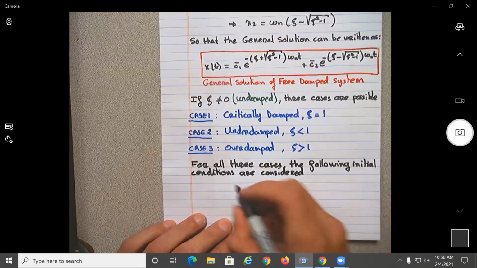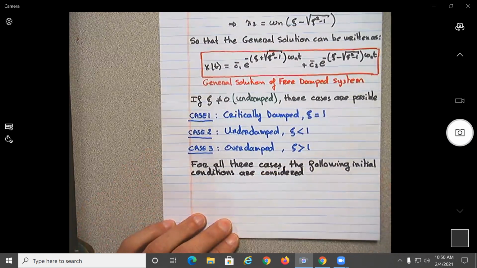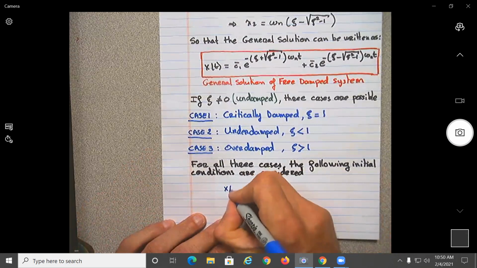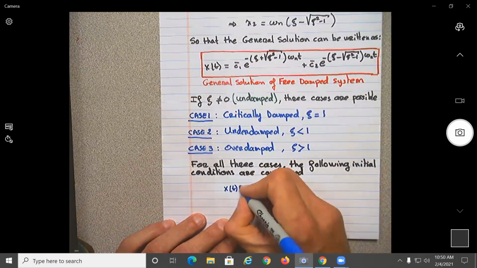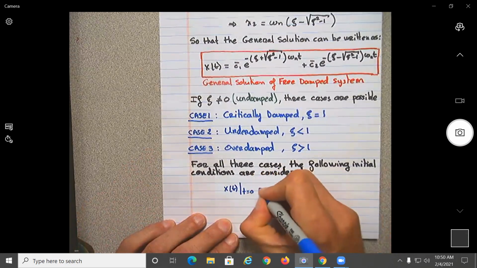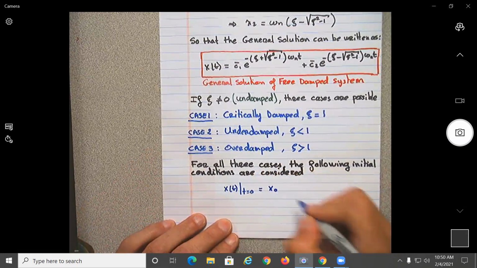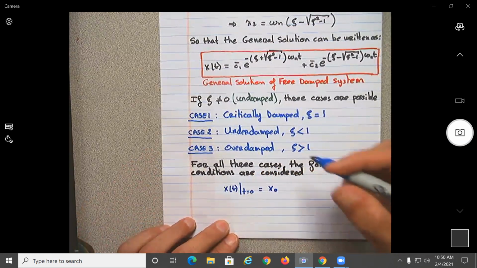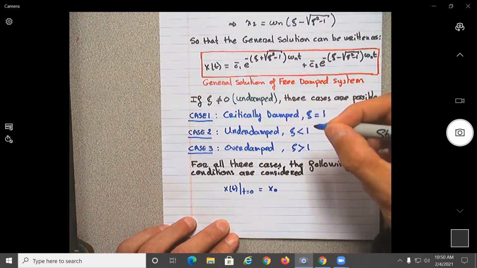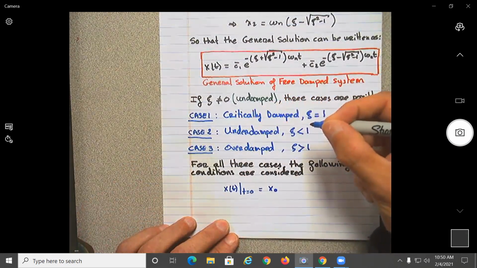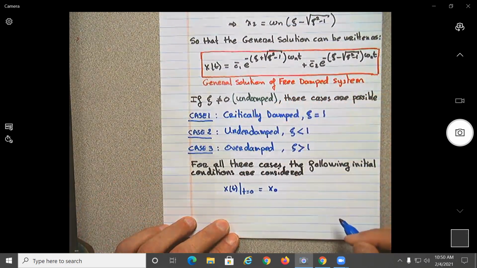So the two initial conditions will be that x of t at t equals 0 will be equal to x sub naught. Let's say at t equal to 0, I displace the mass a constant distance, and then I will let it go from that point.